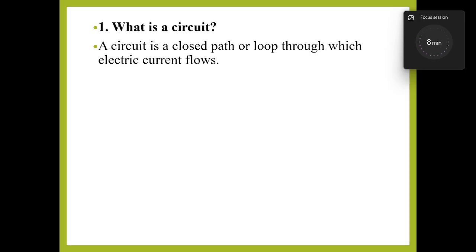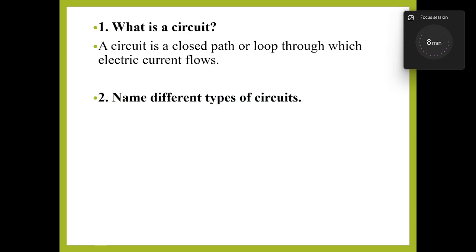It should be a closed path or loop, and this path is where the electric current flows. You can also add to this, like the closed path is connecting different devices or components with wire, connecting wire where electric current flows. So that will be a complete definition.